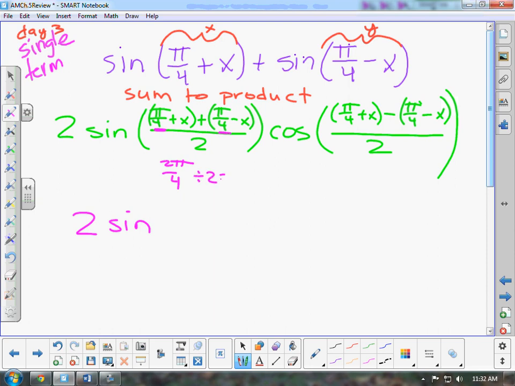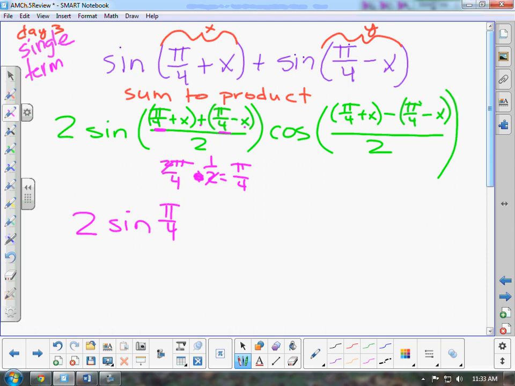Divided by 2 would be the same as multiplying by 1/2, and then the 2's go away and you'd be left with pi over 4. And x plus a negative x is 0. Divided by 2 is still 0. So we have 2 sine pi over 4.